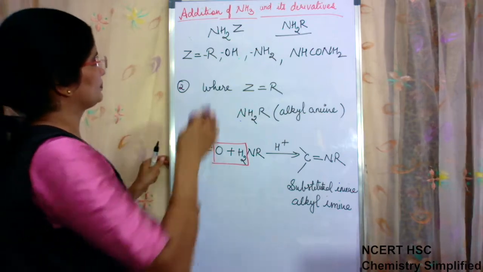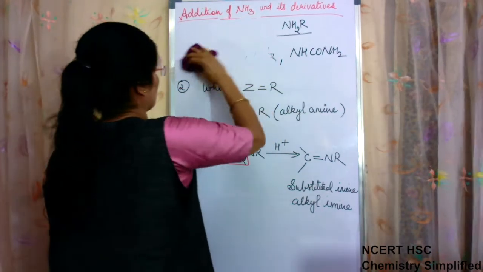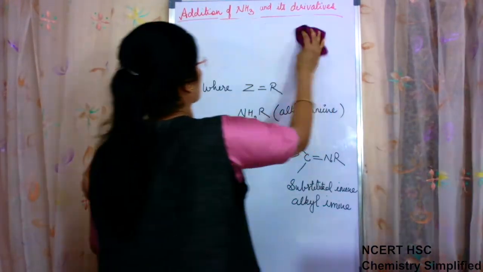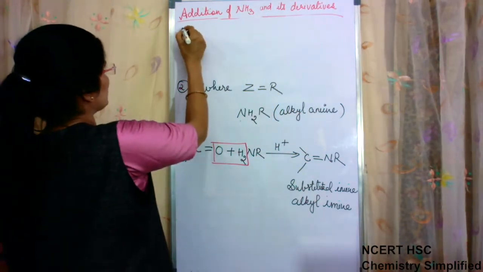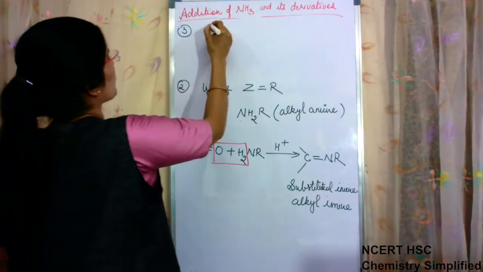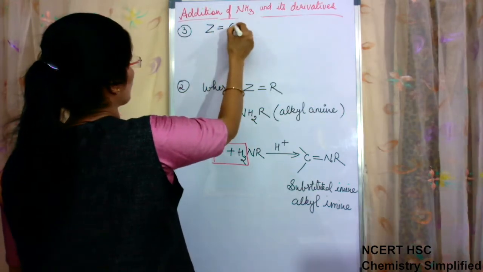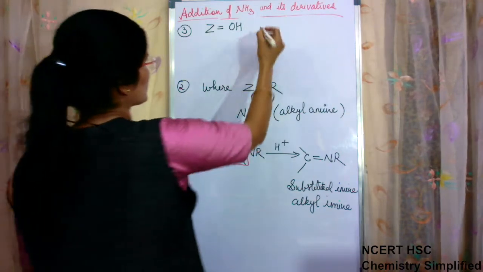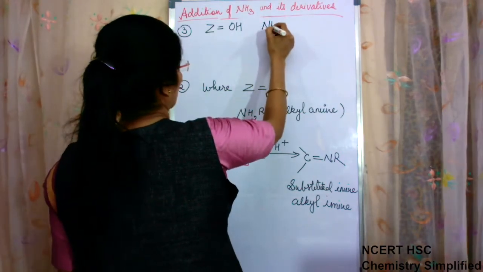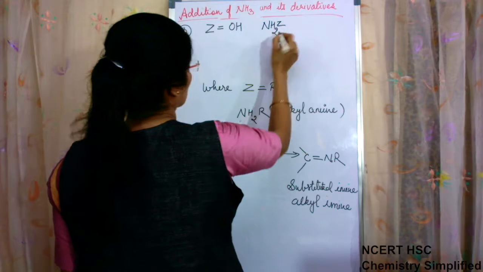Now the next reaction, when Z is equal to OH. Z is equal to OH means what? We write NH2Z.